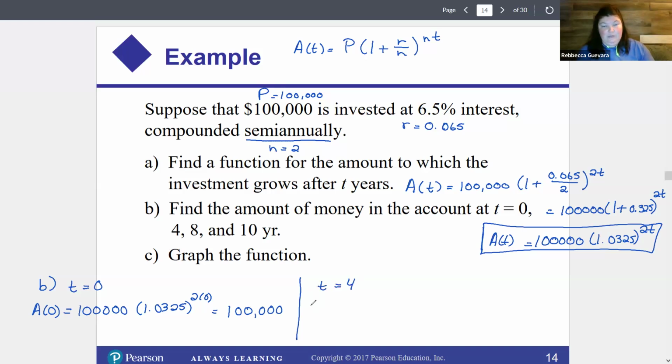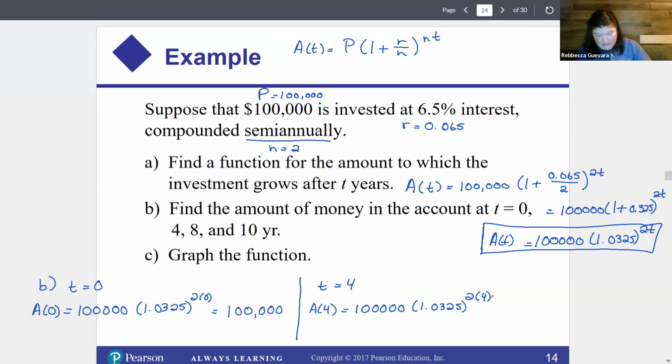T is 4 though. We're going to have $100,000 times 1.0325 to the power of 2 times 4, so that's just 2 to the 8.